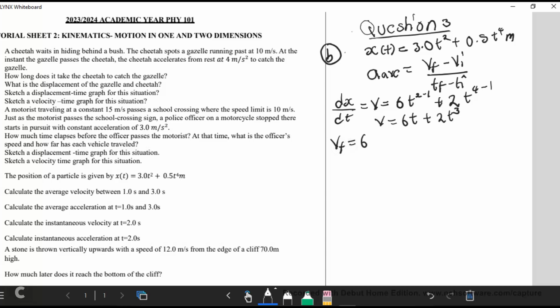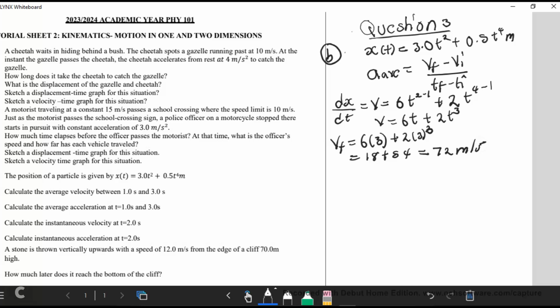So it will be 6, then wherever there's t, you replace it by 3, plus 2, then 3 cubed, like that. 6 times 3 is 18. 3 times 3 times 3 is 27, 27 times 2 gives us 54. If it gives you 54, then when you add, we'll have 72 meters per second.